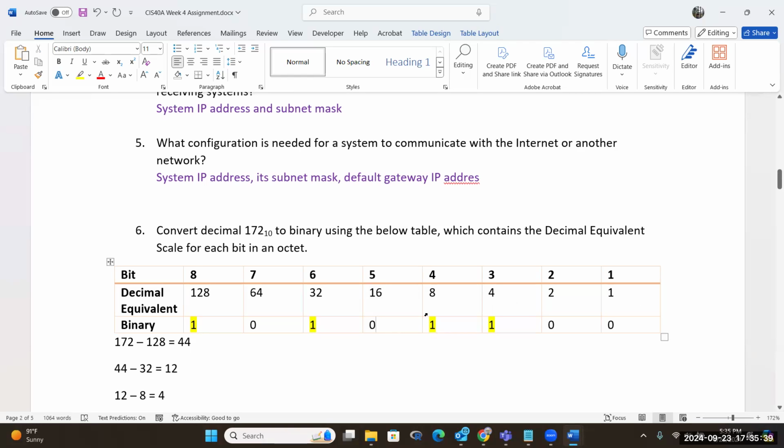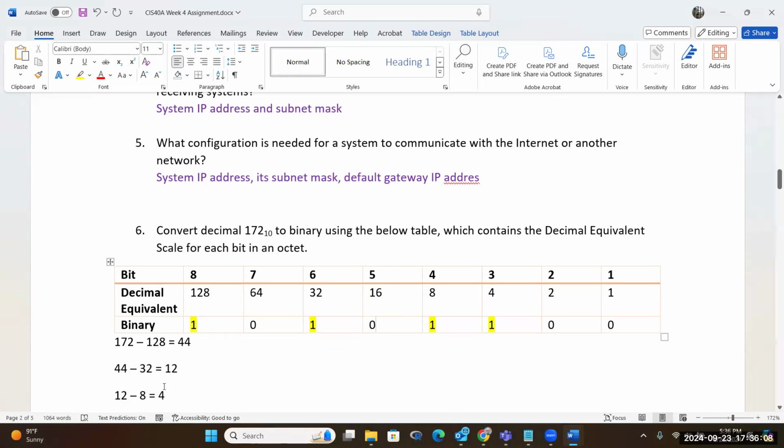We don't want to go negative. There's no negative value in the computer; it's actually a sign value. The negative sign is for humans. That's another discussion. So after I subtract 32, I'm left with 12, and 12 is less than 16, so I cannot subtract. I put a 0. That bit is off.